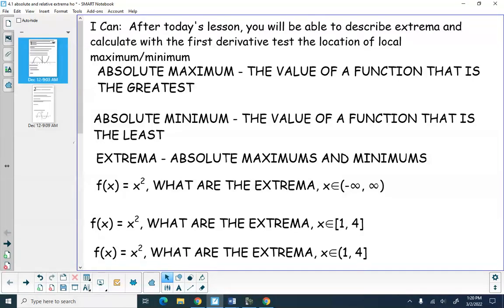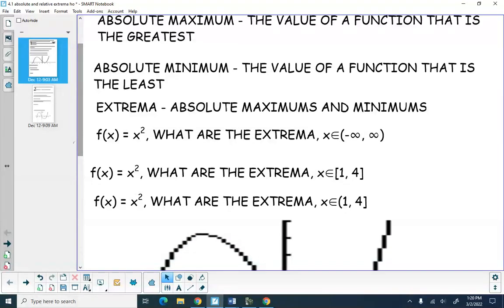So let's take a look at a function f of x equals x squared. Hopefully we remember and we recall, looking at the graph of this, we should have a parabola.